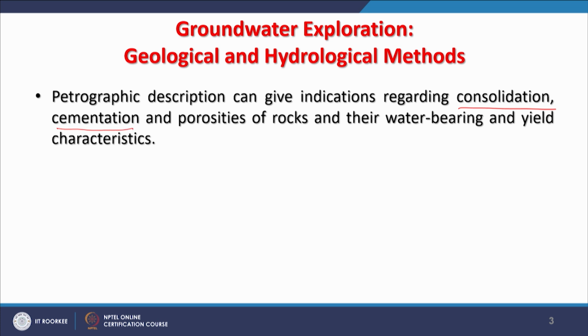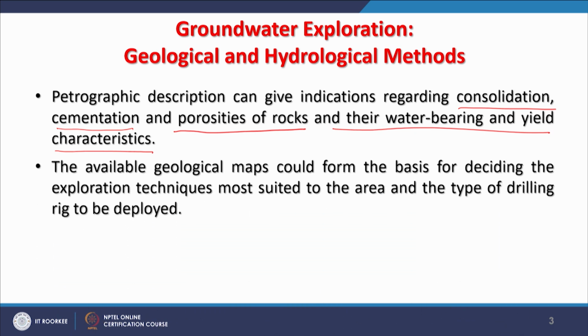If I take the example of sedimentary rocks, say a medium to coarse grained sedimentary rock, then how these silica grains or sand have been cemented by a natural cementing material is also important, because all of this influences porosity and permeability, and the water bearing and yield characteristics of rocks. So, this petrographic analysis can help us further understand the geological setup which might exist in an area.